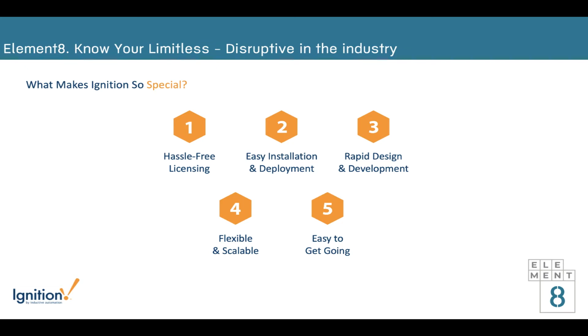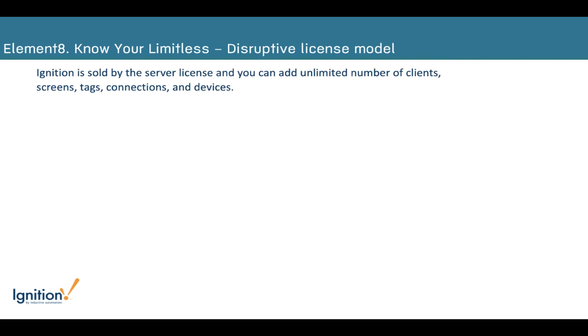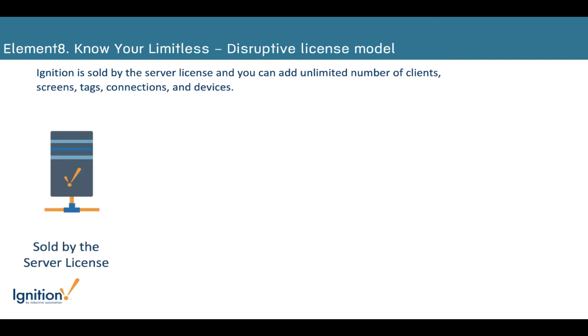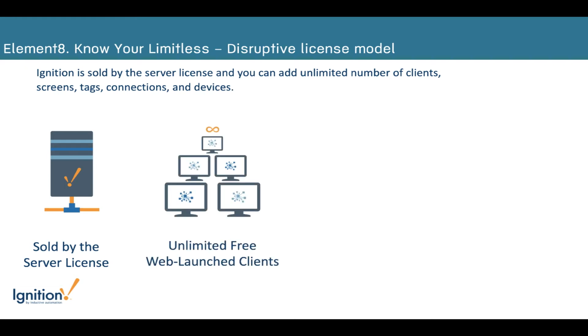Now, from a licensing perspective, it's very simple to actually license your Ignition server. Ignition is sold by a server license, so that means you license the actual server that you're running the product on, and with that you can have unlimited free web launch clients.